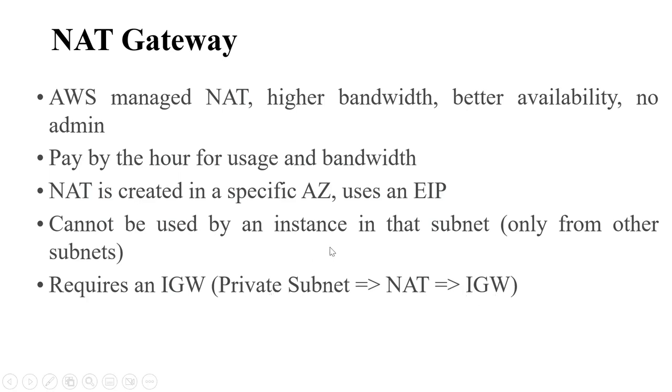But the private subnet we don't map directly to the internet gateway through the routing table. So what do we do? The private subnet will be associated to the NAT, but the NAT gateway internally is going to use the internet gateway. That is the point. We are not directly allowing public access to the private subnets, but to get internet, the internet gateway is required. We are not directly associating the private subnet with the internet gateway; the NAT gateway sits between the private subnets and the internet gateway.